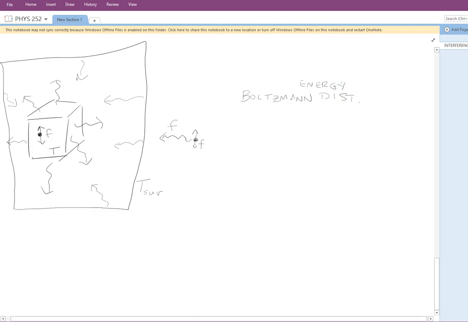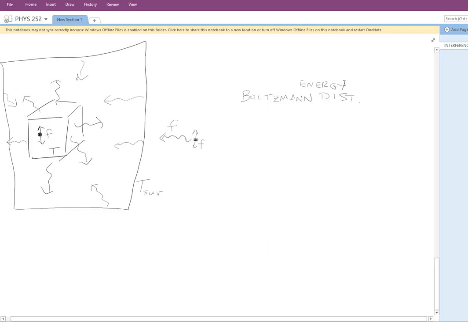He said, look, if I have this box of particles all moving with different kinetic energies, I need to say something about the probability distribution of those energies. What's the probability that a particle has an energy between this value and this value? So he developed this Boltzmann distribution, and using it was able to theoretically derive PV equals nRT. It's a cool derivation. We're not going to do it, but it's cool.